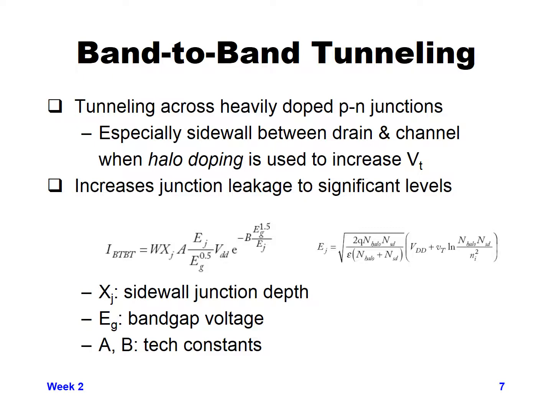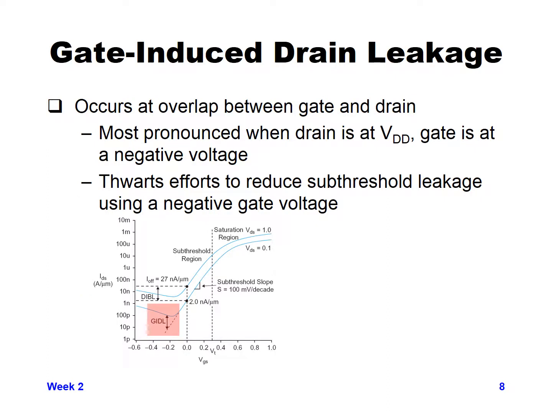E sub g is your bandgap voltage, and then the factors A and B are constants related to the process technology that you're using. So you need to curve fit those depending on a particular process technology and testing of your transistors.